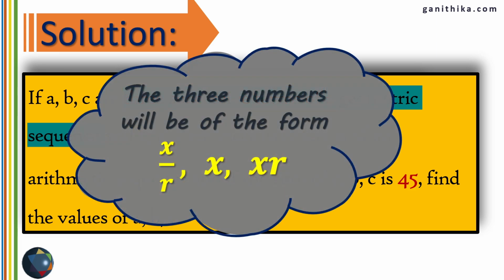You take the middle term as x, and the previous term as x over r, where r is the common ratio. So you divide x by r, you get the previous term. The next term to x is x multiplied by r. Therefore, x over r, x and xr should be the three successive terms of a geometric sequence. If you take it this way, the problem is going to be very simple to solve.